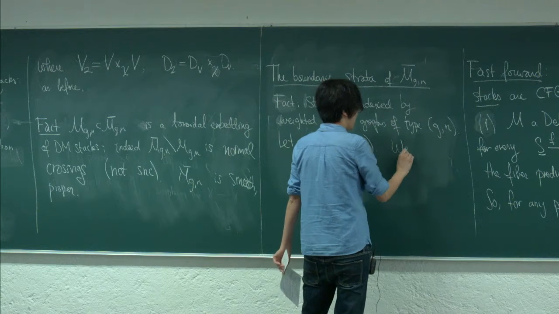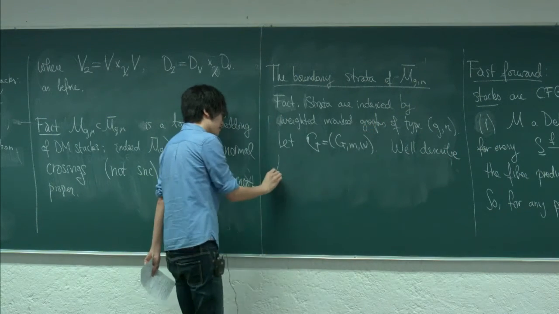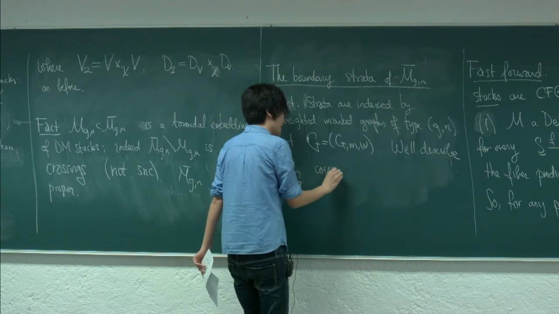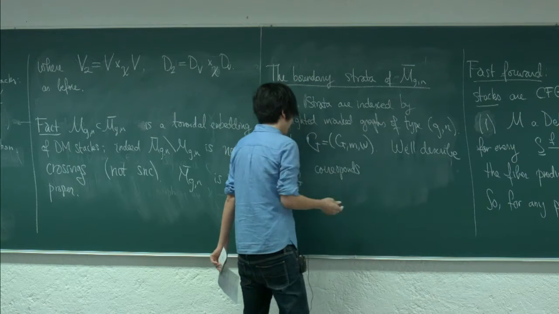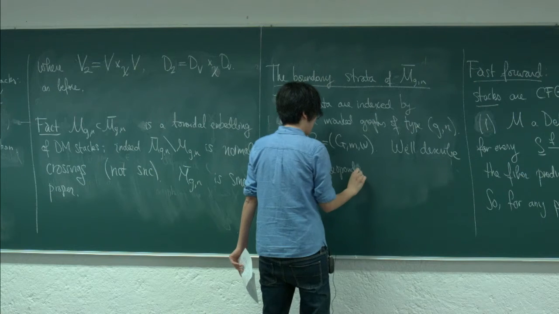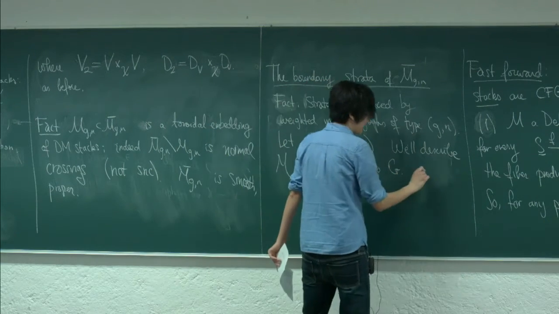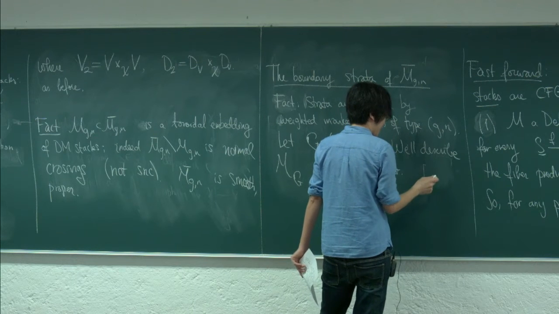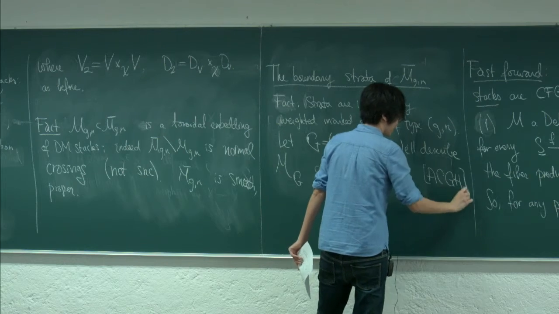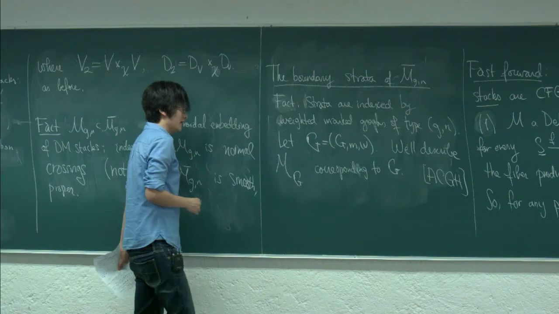And we'll describe the stratum, which I'll write M sub G, corresponding to G. So it is a moduli space, again, for those stable curves with dual graph G. And this description you can find in the textbook ACGH, Arbarello, Cornalba, Griffiths, and Harris. Okay. So here's the deal.